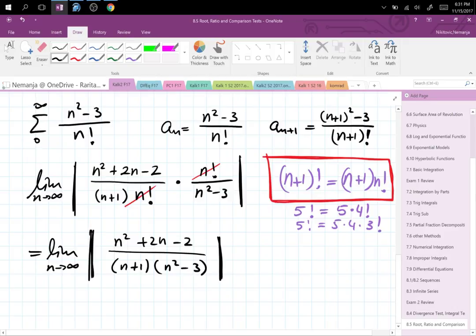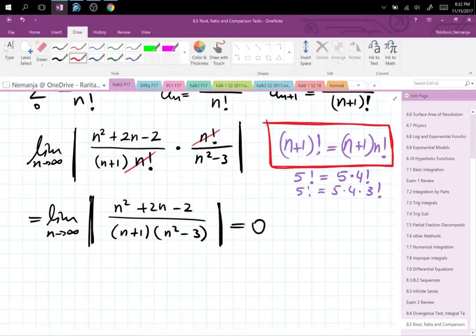Now, depending on your prep for this class and knowledge from Calc 1, you might immediately see that this is equal to 0 because the exponent in the denominator is higher than the exponent in the numerator. And when we have that, as n goes to infinity, we have 0. Or you don't know that, in which case the L'Hopital rule, and then grind it and get the 0 eventually.